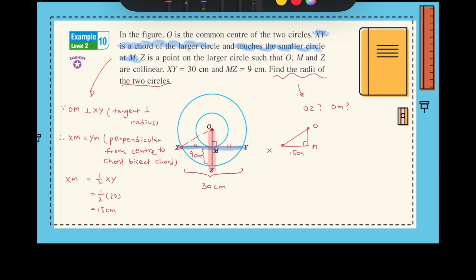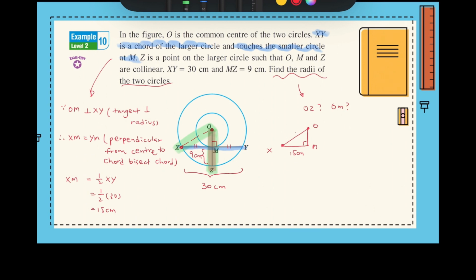But there is one thing we actually know. OX is actually the radius of your large circle, isn't it? So it is the same thing as your OZ. If we can find OX, then we can find OZ.